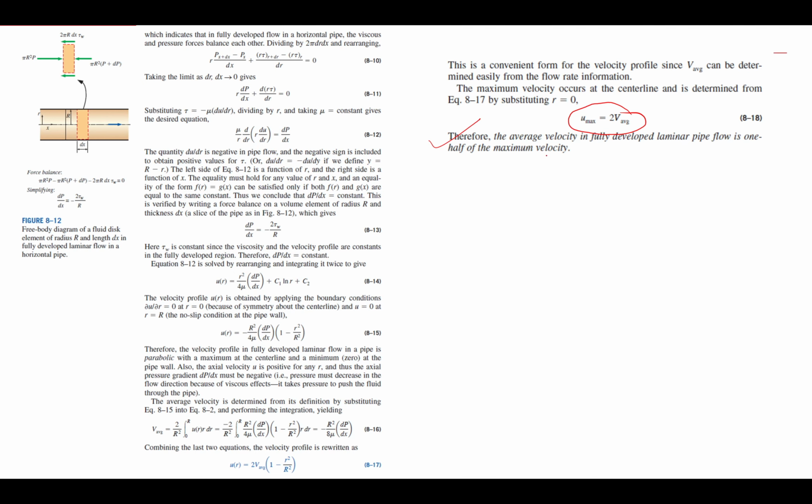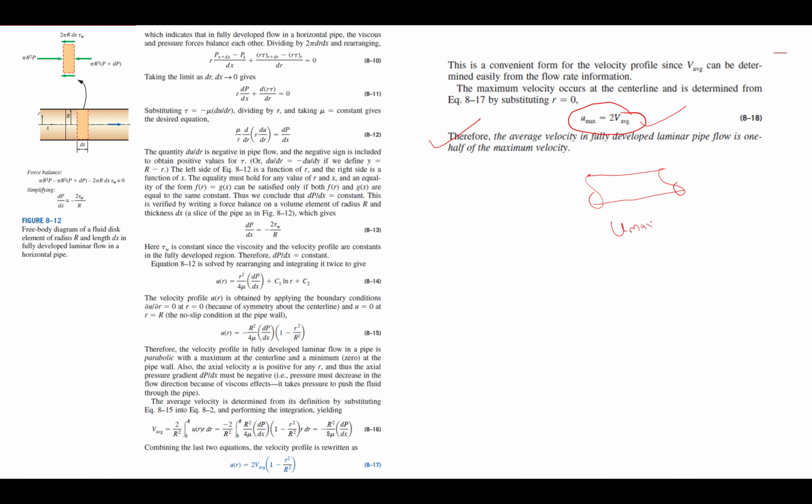Sometimes this line is asked maybe in your assignment or in another exam. So you can expect this question. This is valid only for your circular pipe, not for all geometries. If your pipe is circular and fully pressurized flow, then this value is valid.